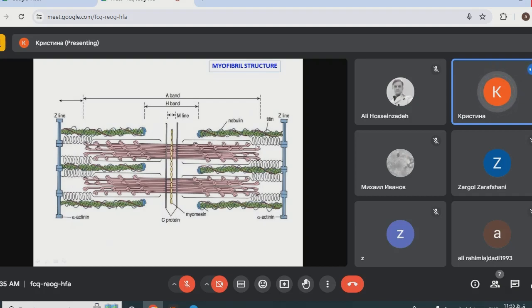It has this spiral-like part which prevents overstretching of the muscle fiber, overstretching of the fibril. So titin binds myofilament to the Z line. Now, actin myofilaments are attached to the Z line with the help of alpha-actinin here and the nebulin molecule. Nebulin molecule, you can see it here.